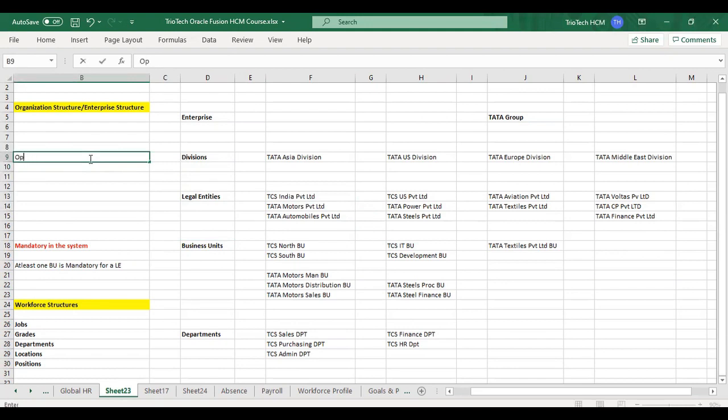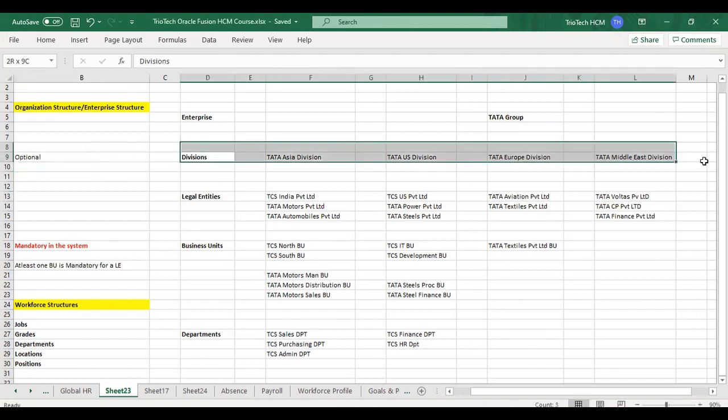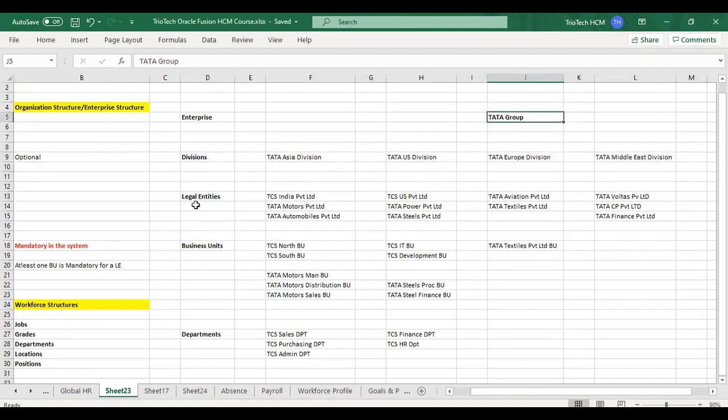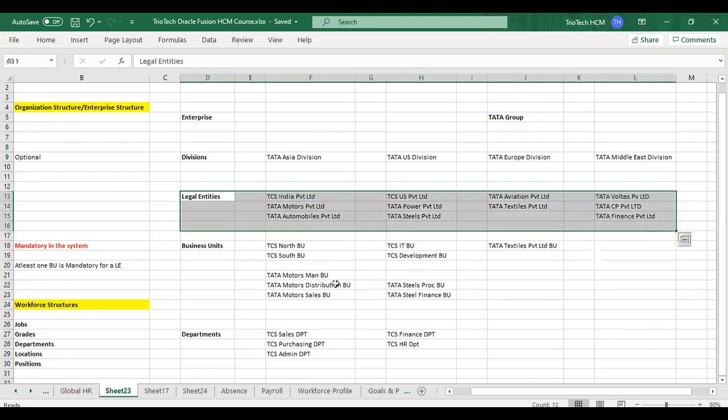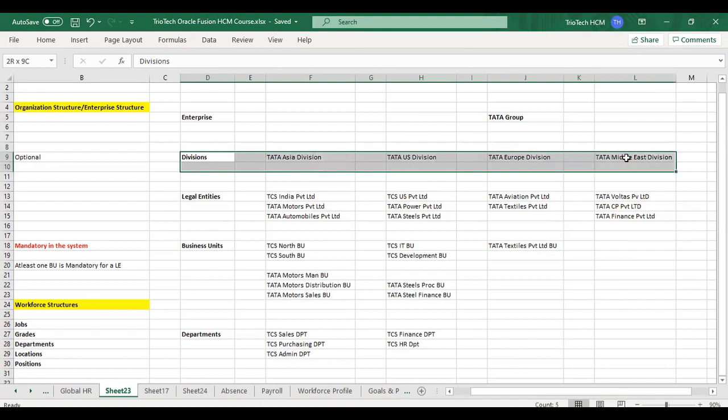The concept of divisions is optional. Either you define it or not, doesn't matter. After the enterprise, directly you can jump to the legal entities and configure them. So this is not a mandatory concept. In most cases, it is an unused concept.